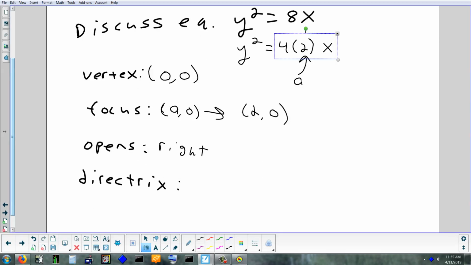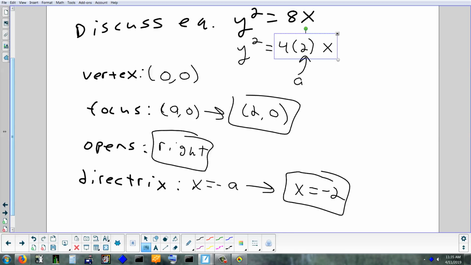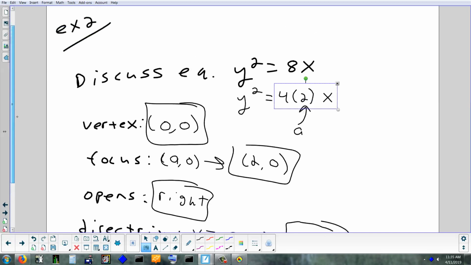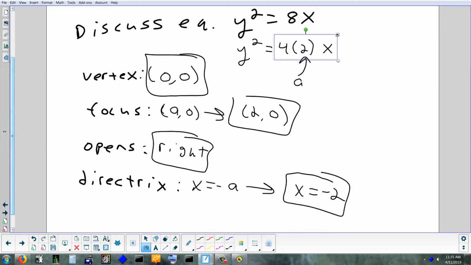So x equals negative a, which in our case becomes x equals negative 2. So when they ask you to discuss a parabola, that's all you have to say. These 4 things. And you can use this chart to figure it out. Questions on that one?